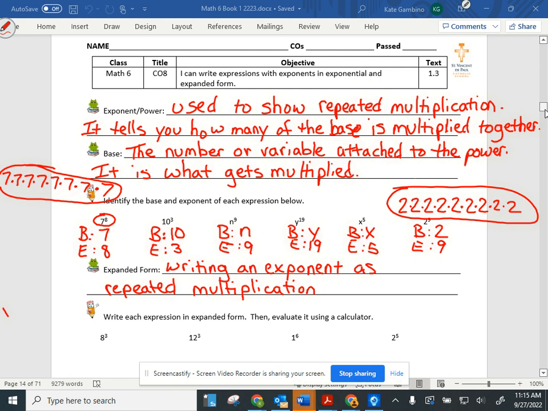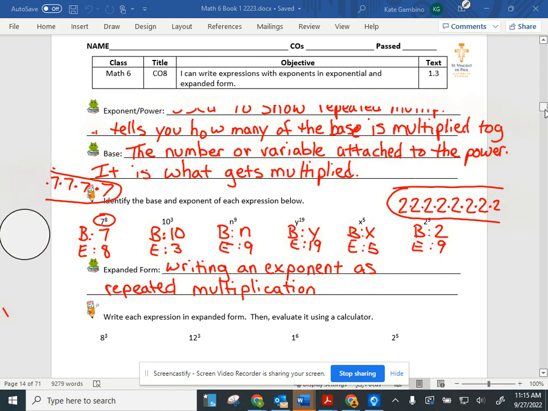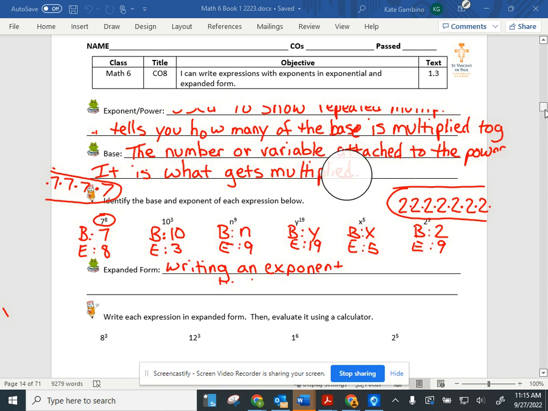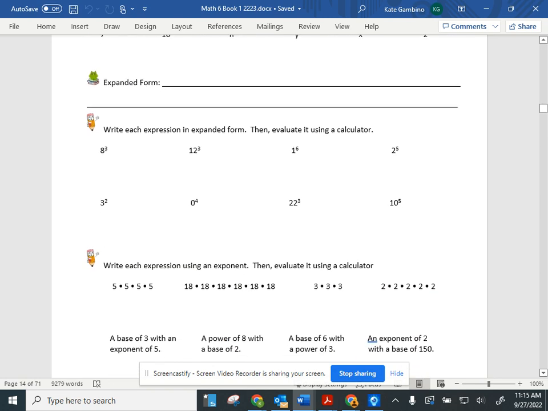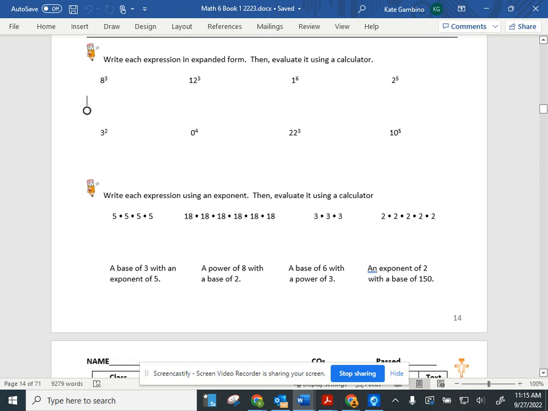Are we good if I erase this? Yeah. Because I really want to get to the fun part of using those calculators. Let me scroll up. First thing we're going to do is write each expression in expanded form.